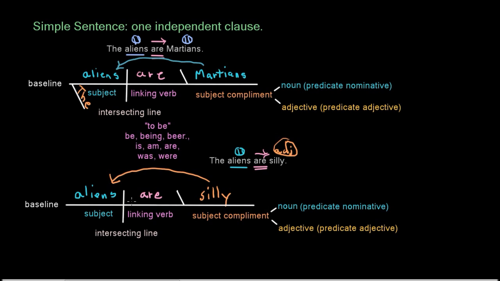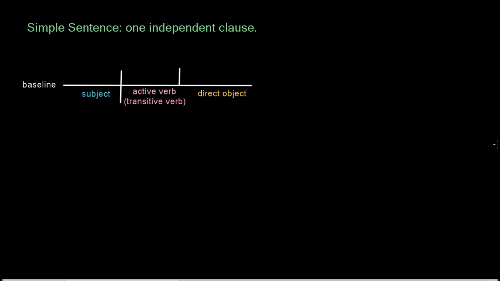Now let's move on and take a look at direct objects. When we have a direct object, instead of a slanted line, we have a perpendicular line, a line that's perpendicular to the baseline.